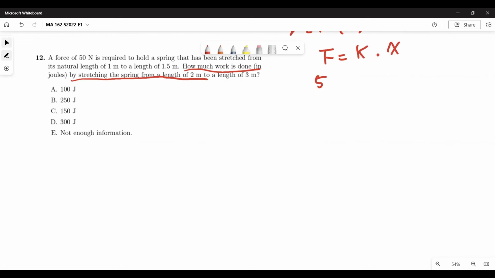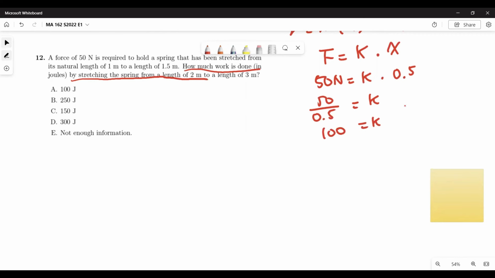We are given 50 N, and it's from natural length of 1 meter to 1.5 meters. So the change of length is 0.5, and that's multiplied by k. If you want to find k, you divide by 0.5 on both sides, and k just becomes 100. So we have the force equation, F equals 100x.